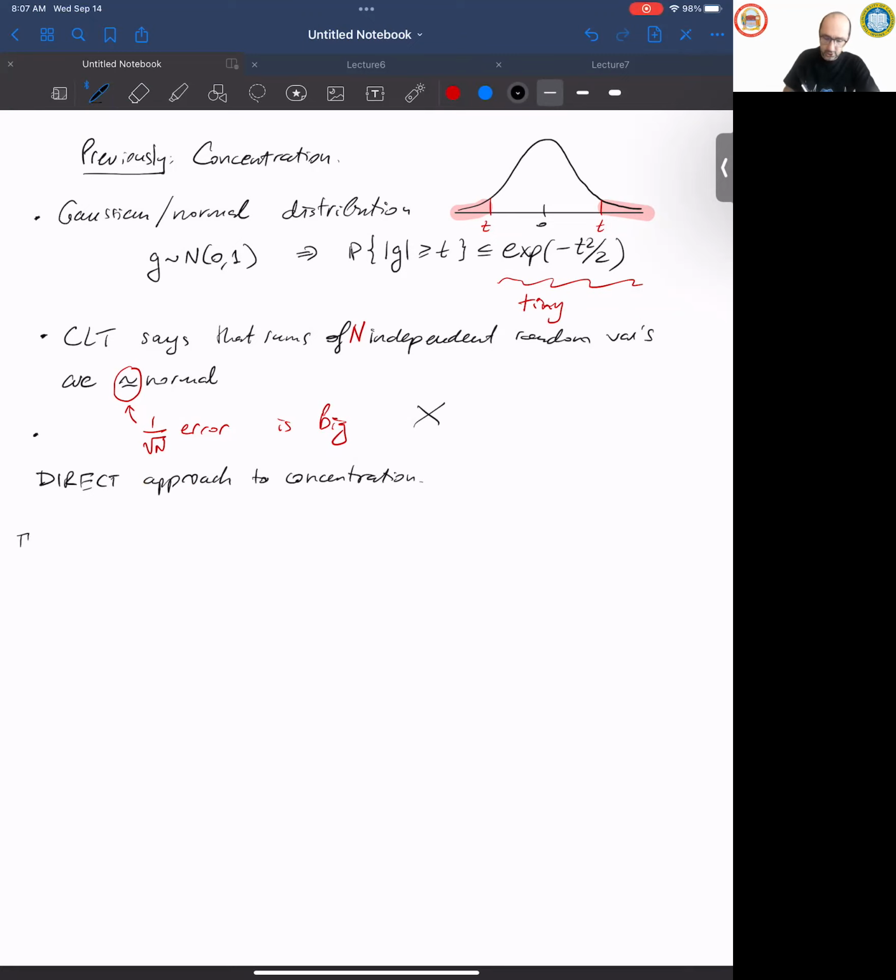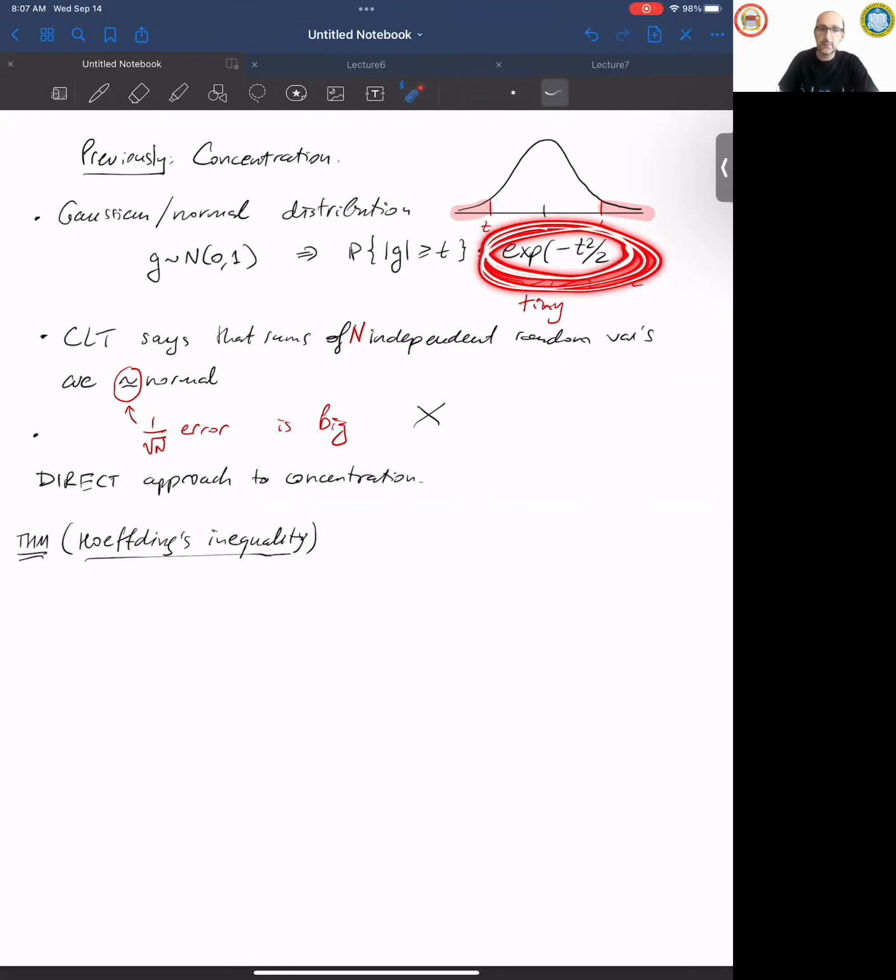One example of which we'll prove today is called Hoeffding's inequality. It basically says that what we're hoping for, Gaussian tails like this, are true for sums of independent random variables, but not because of the normal distribution, just directly.